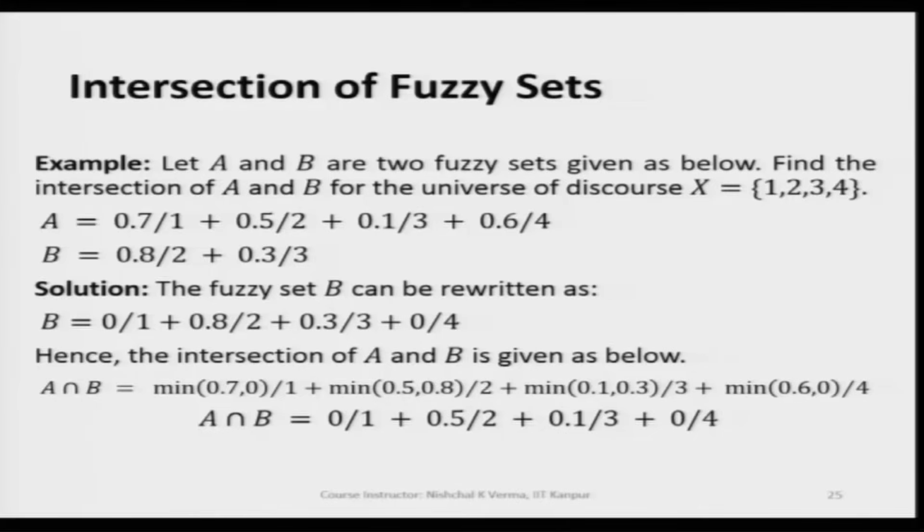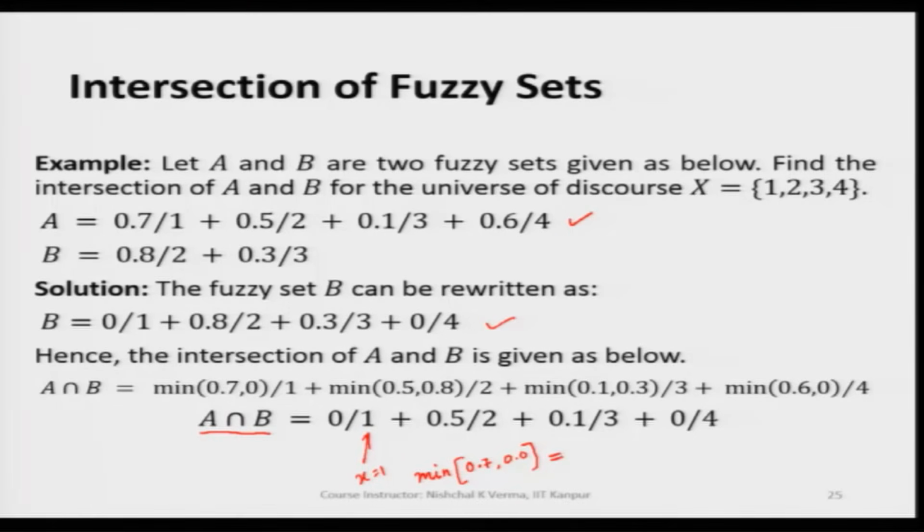If we are interested in knowing what happens to the intersection of two fuzzy sets when we take two discrete fuzzy sets, here we have fuzzy set A and fuzzy set B. If we apply the same condition, we get A intersection B. For the generic variable value x equal to 1, we take the min of the corresponding membership values: for fuzzy set A we have 0.7, and for the other fuzzy set we have 0.